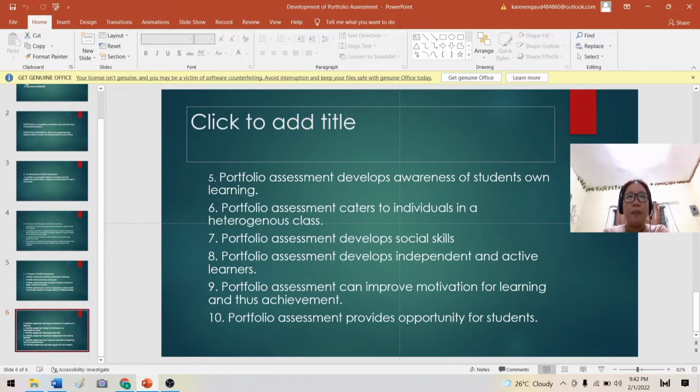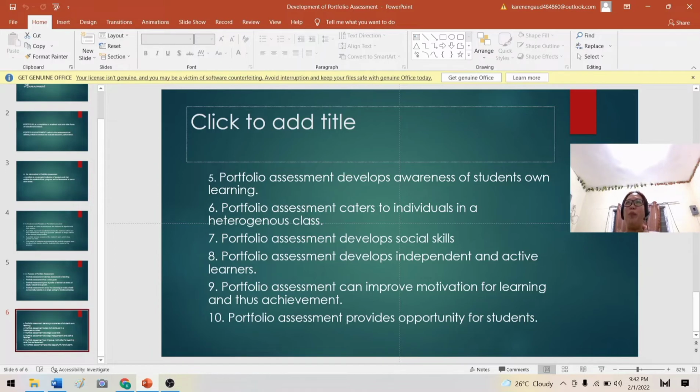Next is portfolio assessment develops social skills. Peers have this great contribution in the planning, development, and evaluation of the portfolio. With this, students tend to interact with peers, students, and teachers in order to create collaborative effort in achieving the goal set.